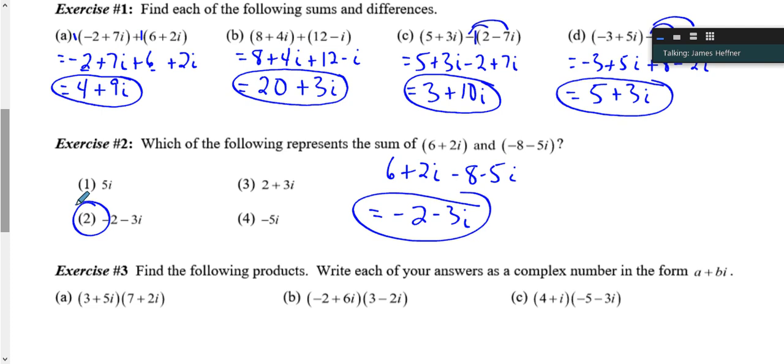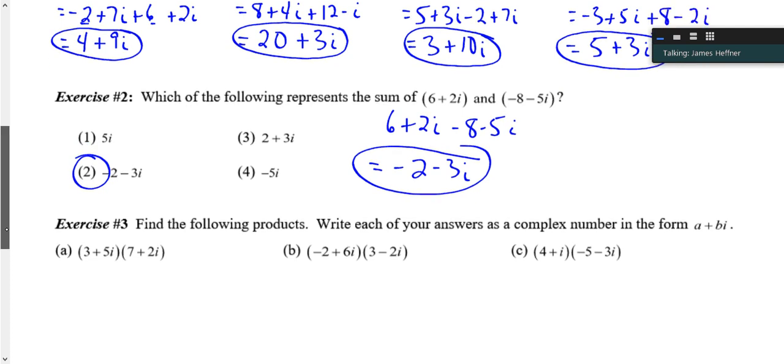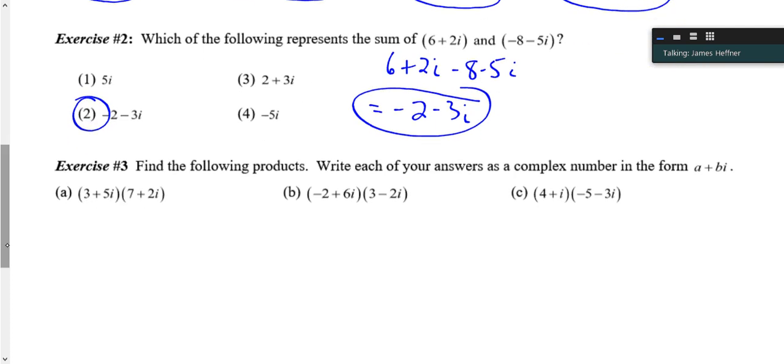Let's go down to multiplying now and rewriting in the form of a plus bi. We have to remember what i squared equals here. What does i squared equal? i squared equals -1. So let's go ahead and multiply these. We're going to distribute twice. We'll distribute the 3, and then we'll distribute the 5i.